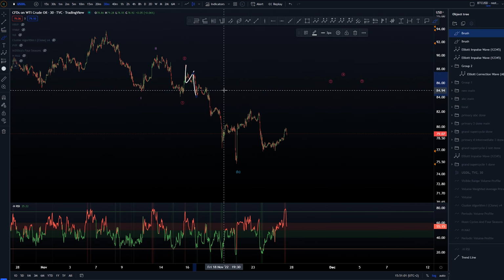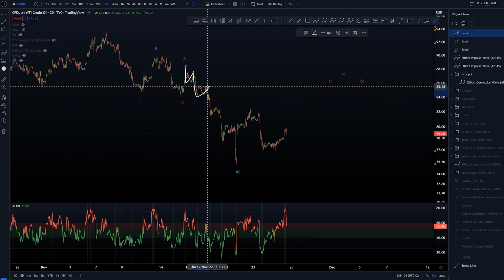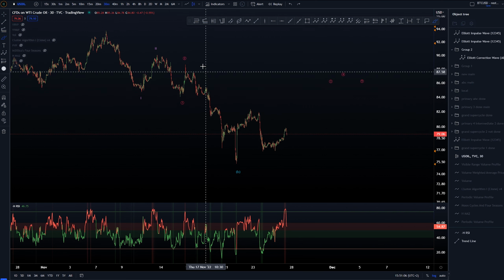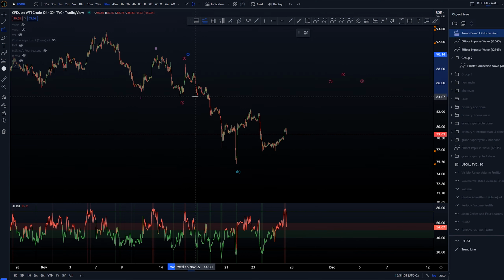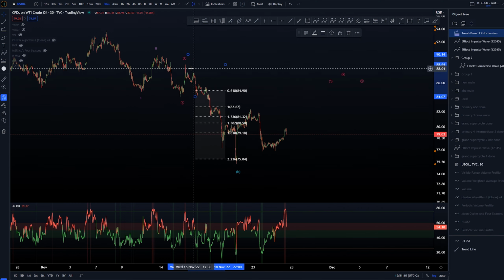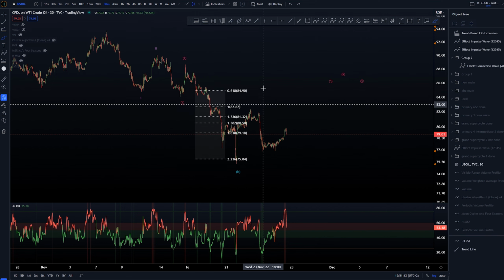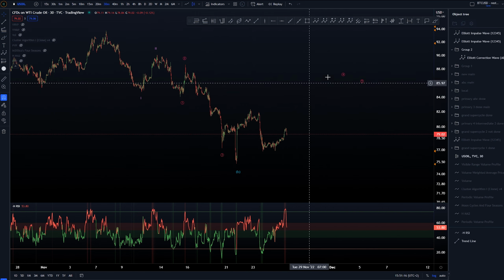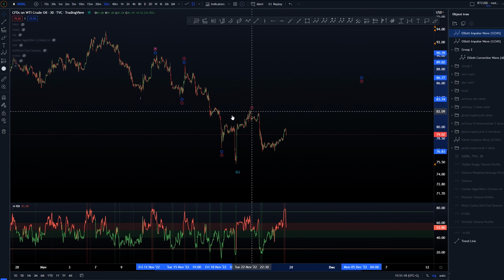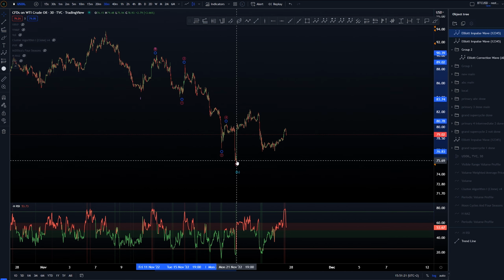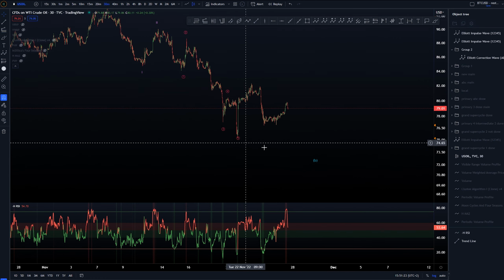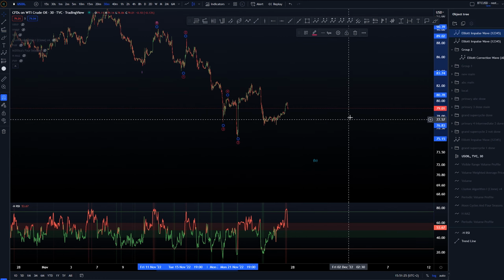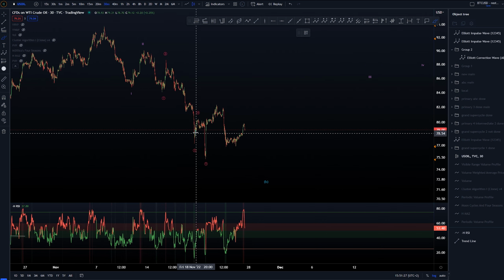There is a possibility where this is already the 3rd, 4th, and 5th. However, if we look at the extension targets for this wave 3 of this micro structure, the 3rd would be all the way down here. So if there is a way to label it like this, I would definitely prefer that in my opinion. And the B wave would not be over yet.